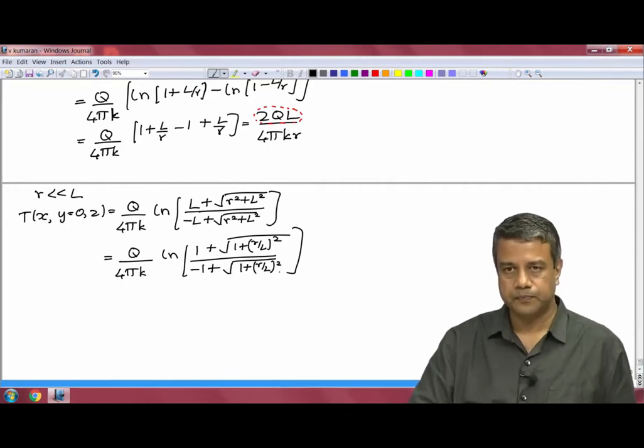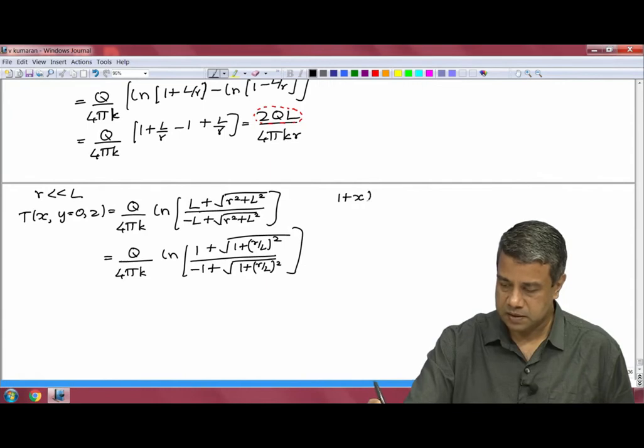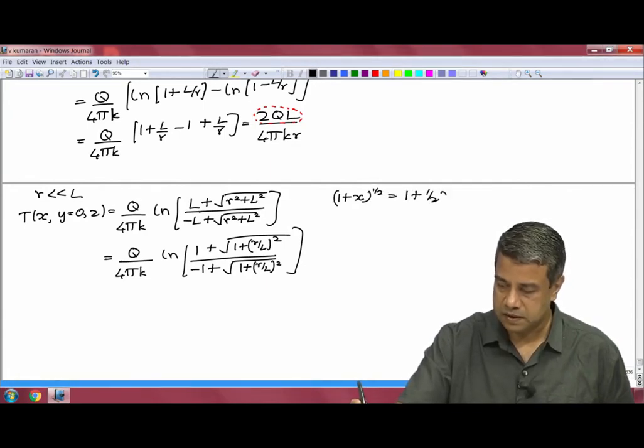And use the expansion 1 plus x whole to the half is equal to 1 plus half x plus etc.